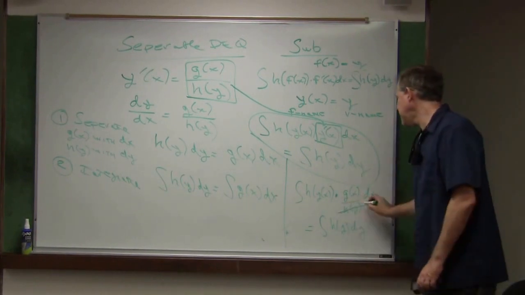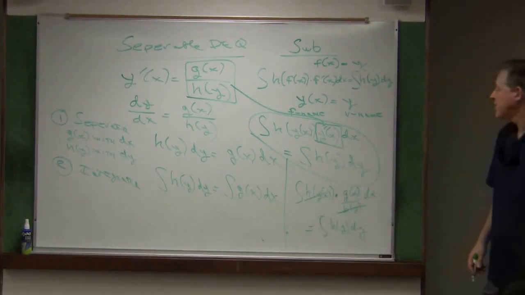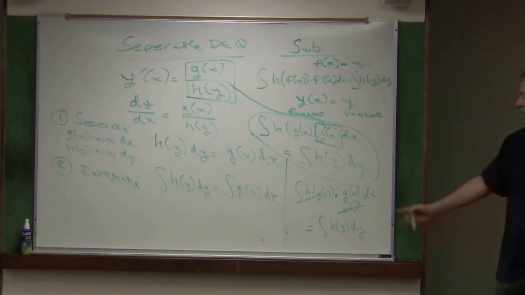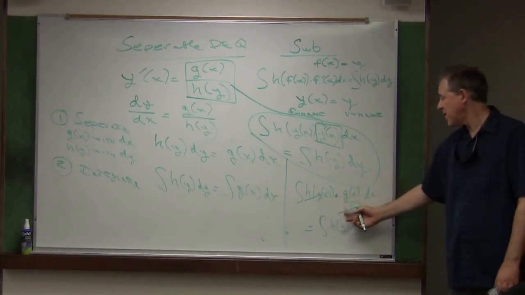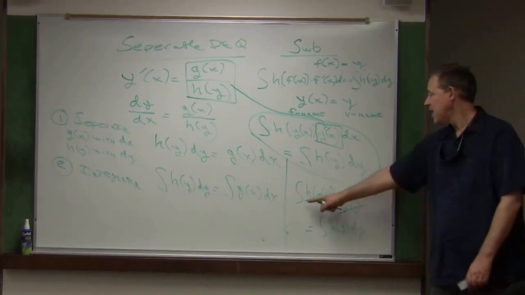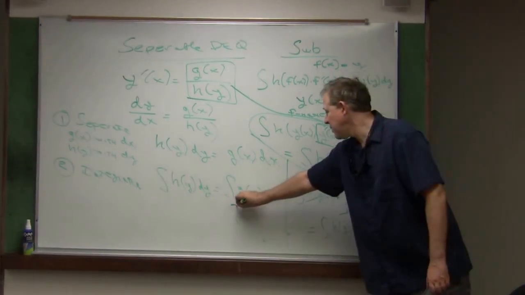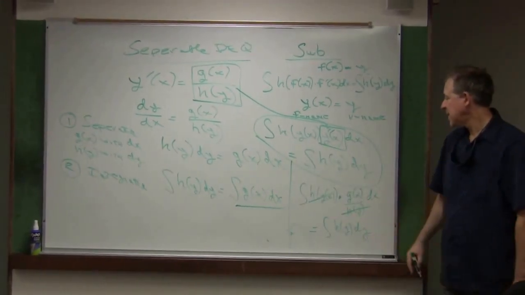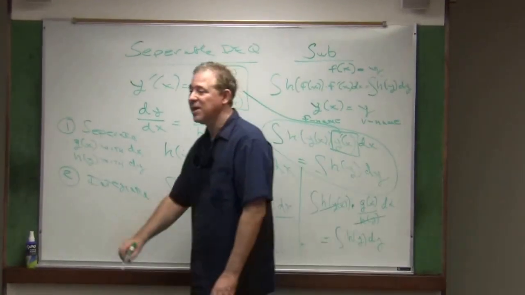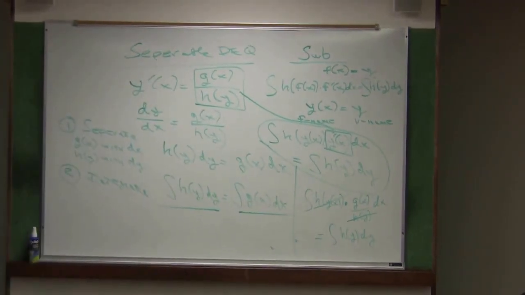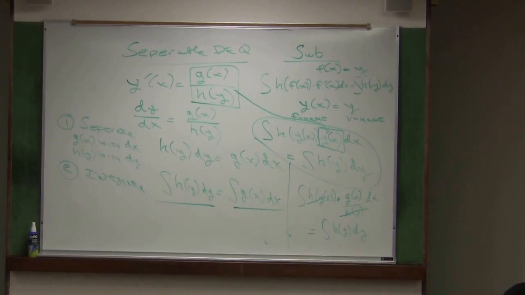These cancel because they're the same thing. Remember, y is a function of x, so h of y of x cancels, and you get the antiderivative of g of x dx is the antiderivative of h of y dy. That's why it works. It works because of the substitution rule.